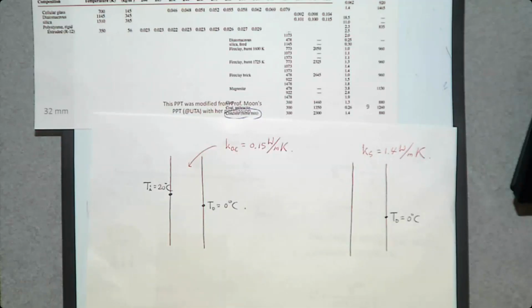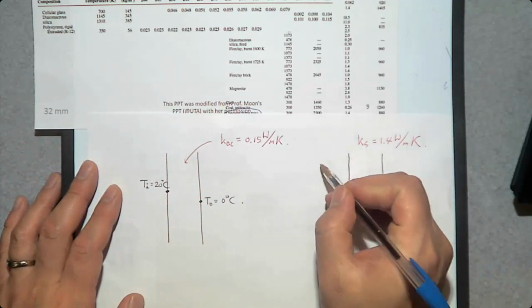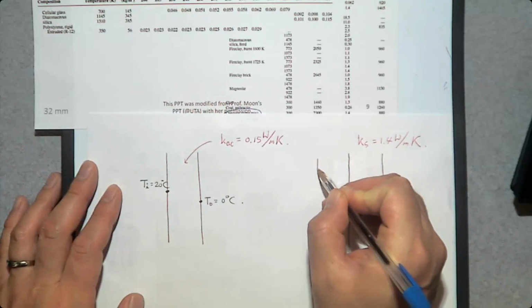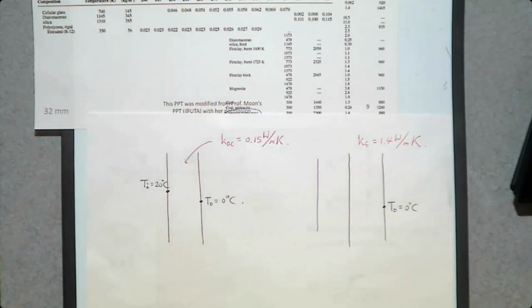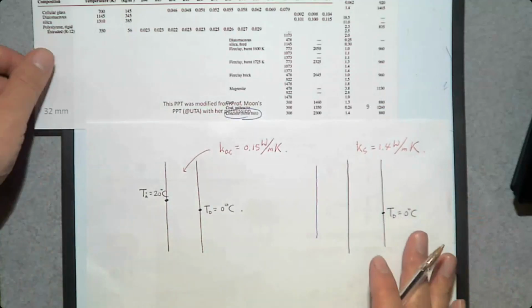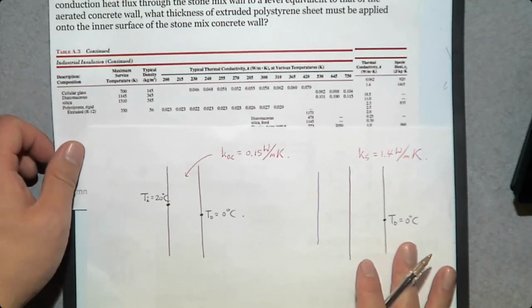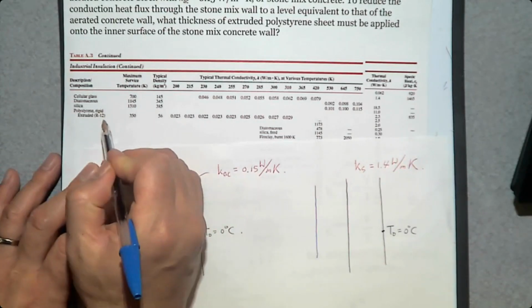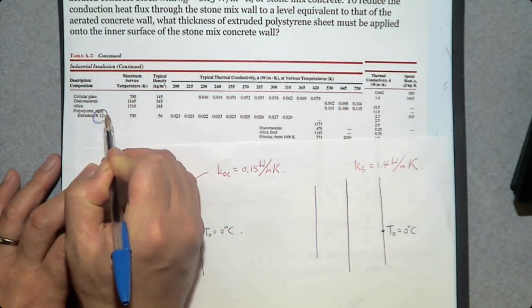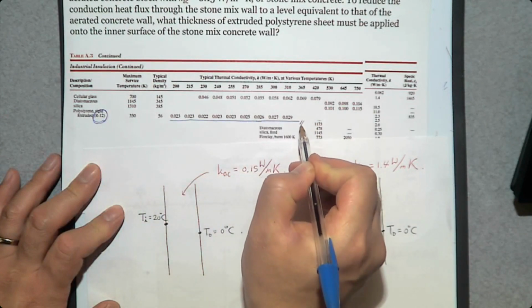So what we are going to do is propose add-on insulation. What is the insulation thermal conductivity? So the thermal conductivity of this R12 insulation is going to be these values.